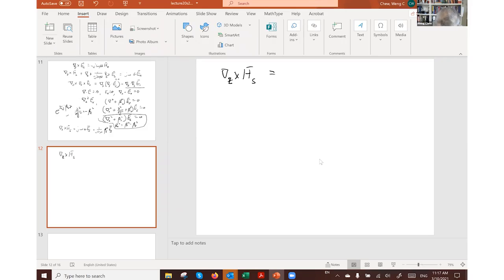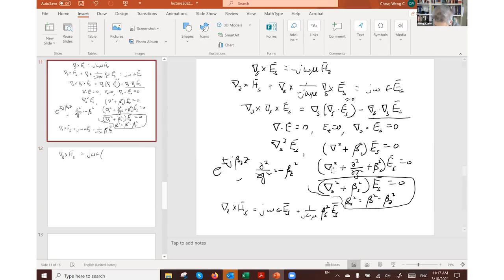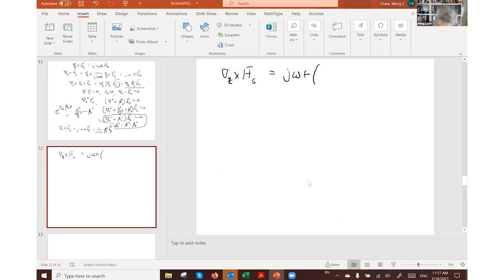The right-hand side can be written as J omega epsilon. I'm going to group these two terms together, ES, and use the definition of what the beta square is. And then this would be just ES.